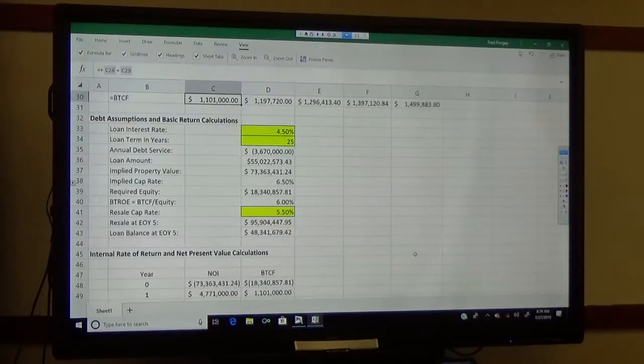All right, so 1.1 million. That is our before tax cash flow for year one, yes? Then we divide that by our equity, which in this case is 18,340,857.81, and that's going to give us our before tax return on equity of roughly 6%.